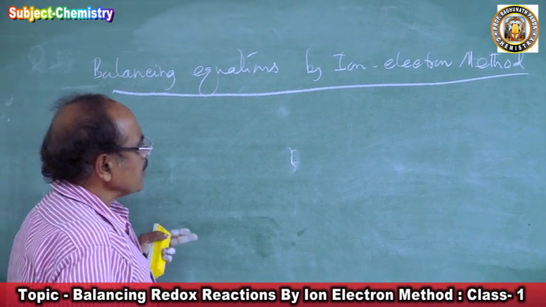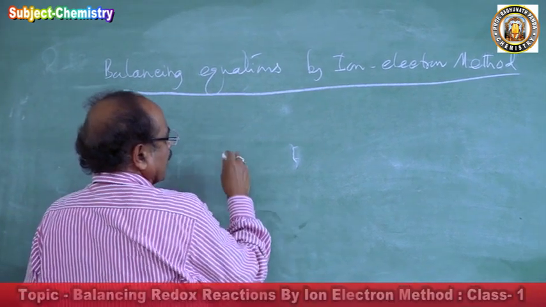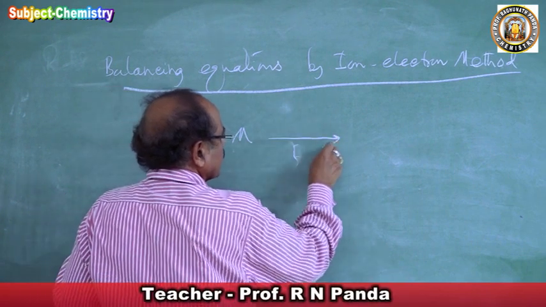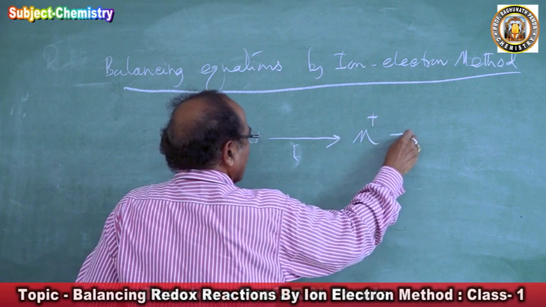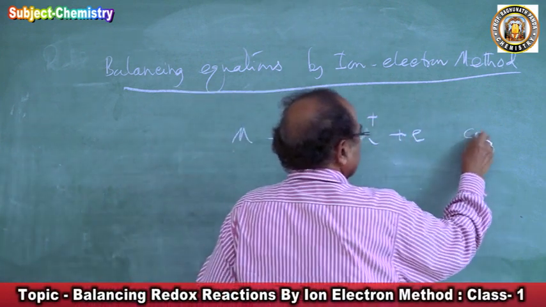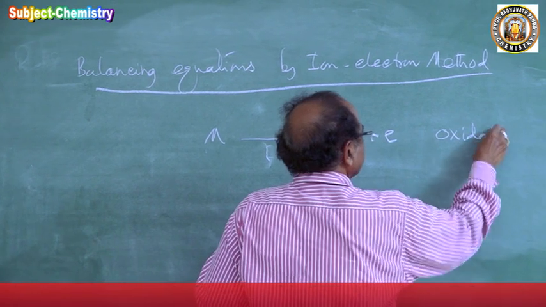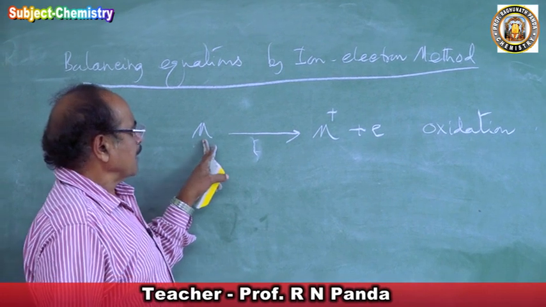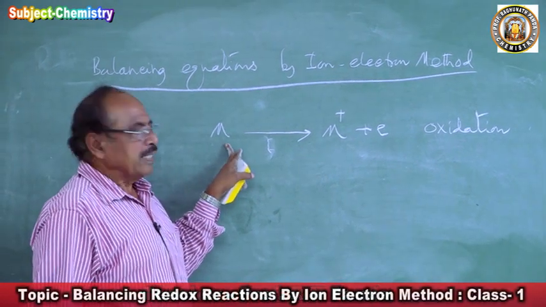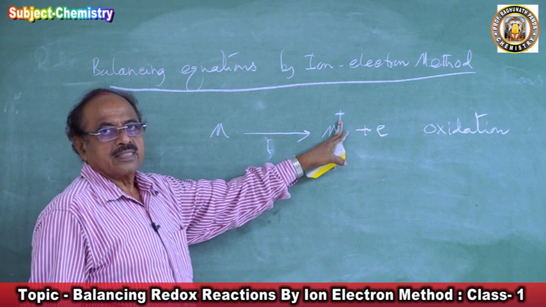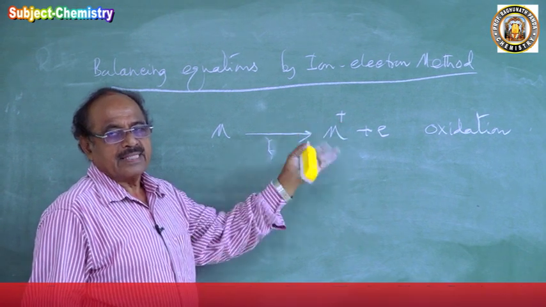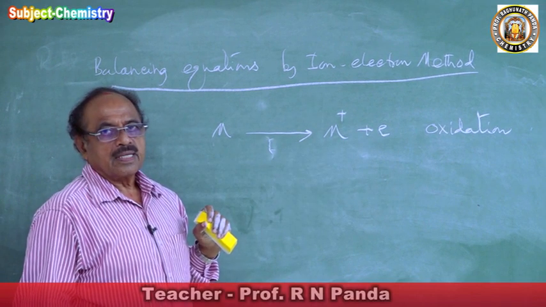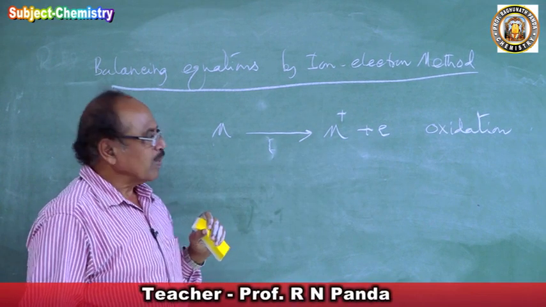What is oxidation? Loss of electrons. Suppose M is an element undergoing oxidation to form M plus, and an electron comes out. So this reaction is an oxidation reaction. During oxidation, the positive ionic charge is increasing and an electron is lost. Then what is reduction?